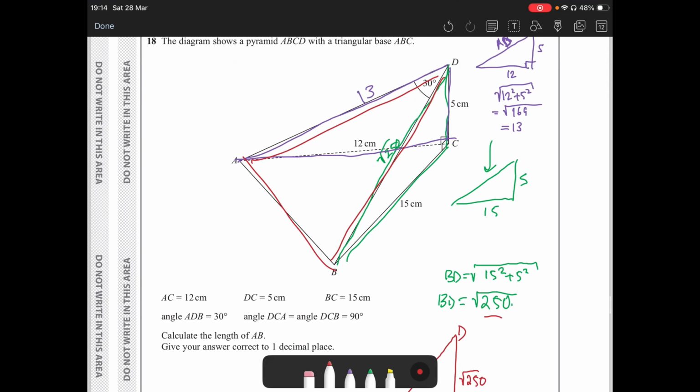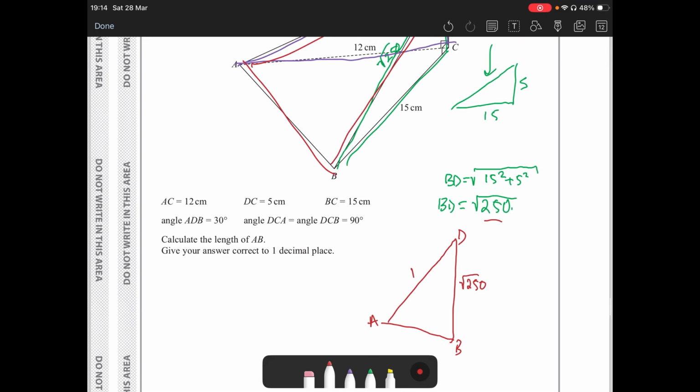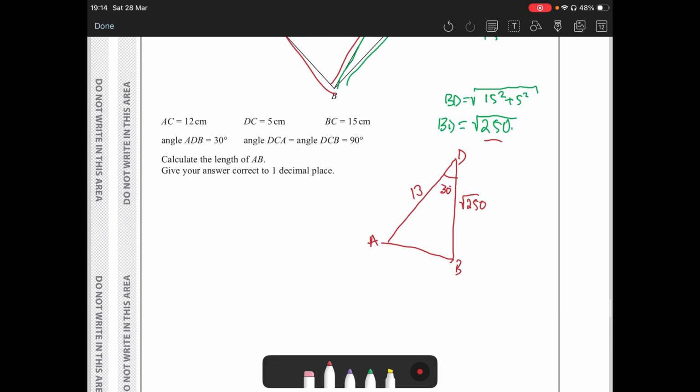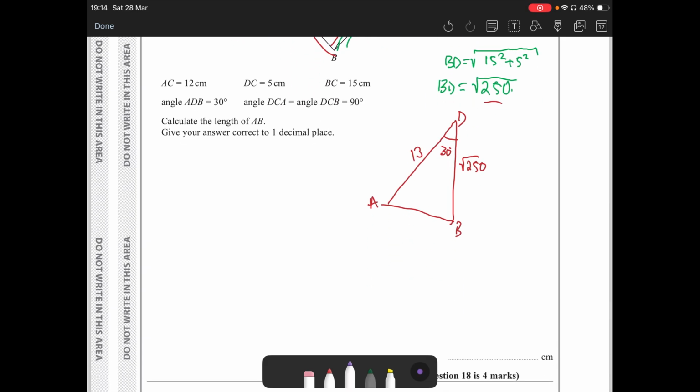And we also know that AD is 13. And we know this angle here is 30 degrees. And the question is, what is length AB to 1 decimal place? I shall call this length x. Well, I've got two lengths and an angle in between. I want to know the opposite side. This looks like a classic cosine rule question.